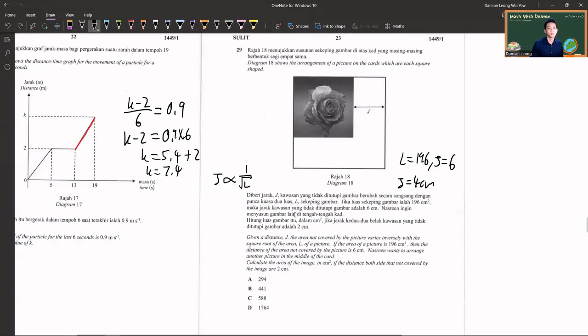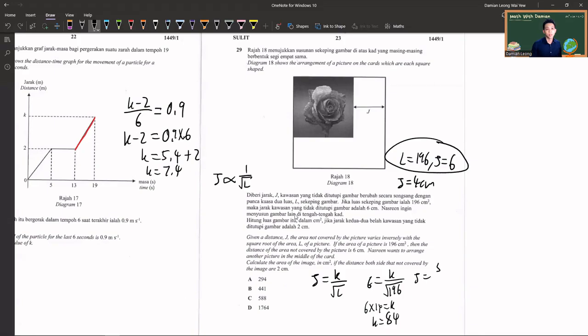Okay. So we form the equation J equals K over square root of L. So I find K using this pair of values. 6 equals K over square root 196. 196 is 14. 6 times 14 is K. K is 84. Yeah. J is 84 over square root of L. J is 4.